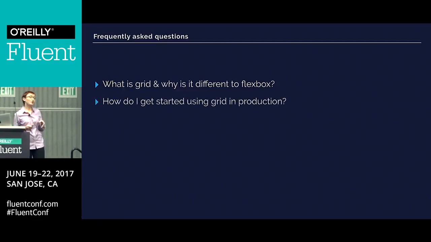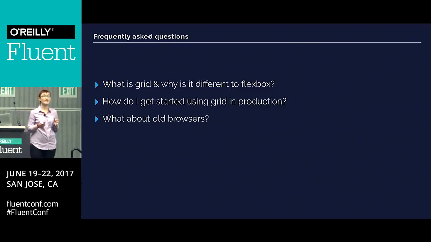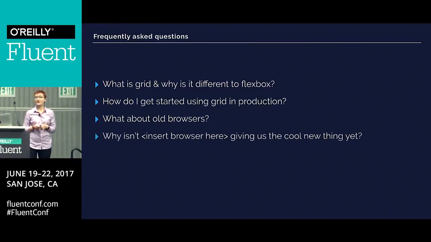And how do we actually get started using this in production now that we can? And then, well, what about those old browsers? How are we going to deal with those? Even if you have got, say, a 70% figure of grid support, that's still 30% of people today who aren't going to see your grid layout. And then finally, why isn't that browser over there giving me this shiny new thing? Why doesn't that happen, and how can we help to improve that?